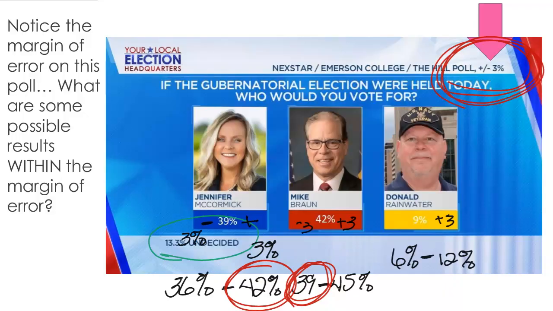So just know that the amount of percentage points can make a big deal when you have a very close election. Even though somebody might be leading, if the percentage points are pretty large, maybe it's not a very good poll.